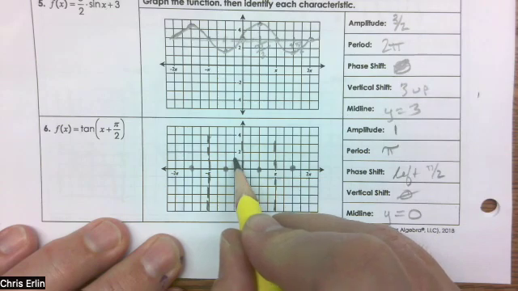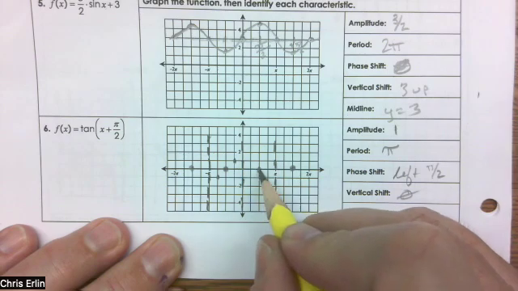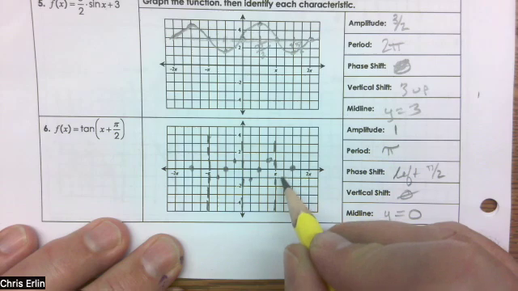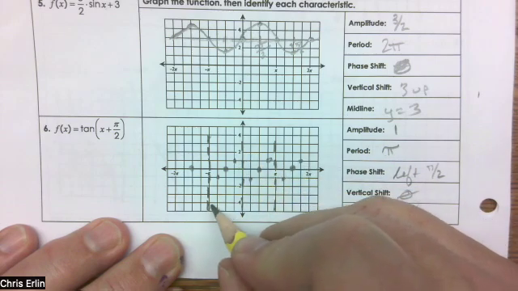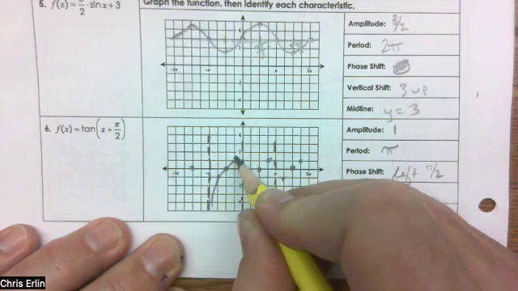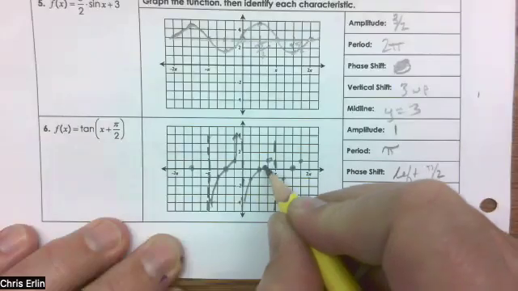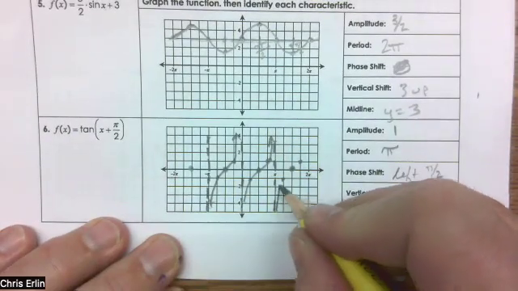Amplitude is 1. So just up 1. Go to the left and down 1. Left and down 1, right and up 1. And again, I try to get at least 2 cycles out of it.